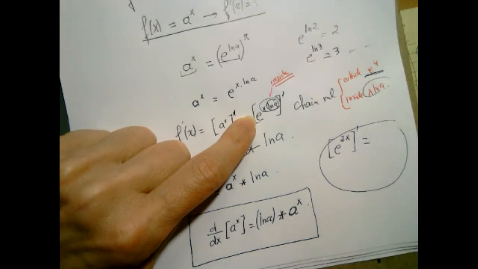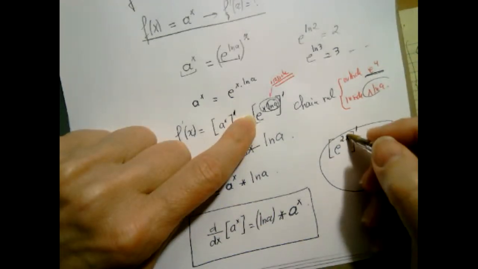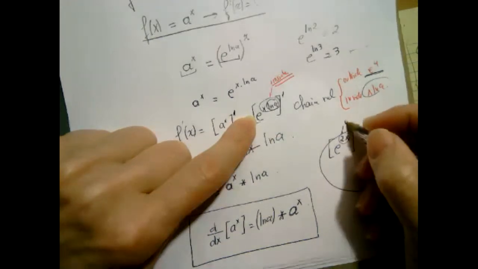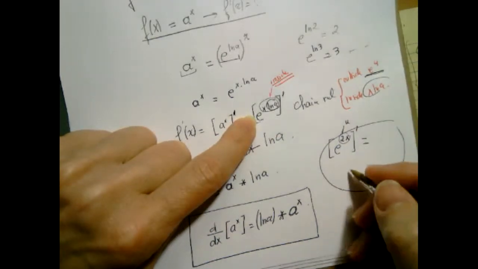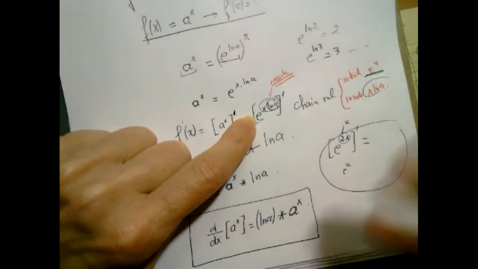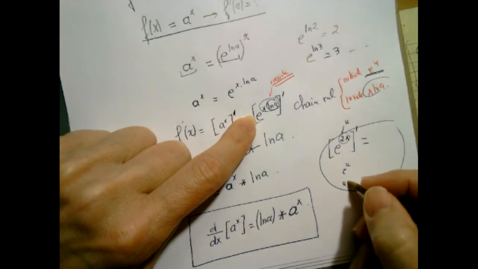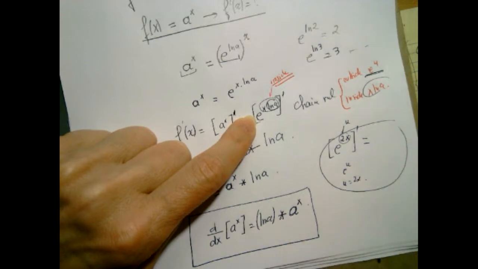Yeah, what's your inside? 2x. Right, what's the outside? Just e? E to the u. This is your u. Then the outside is e to the u, the exponential, and the inside is 2x.